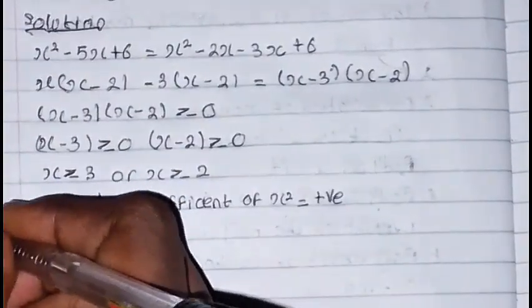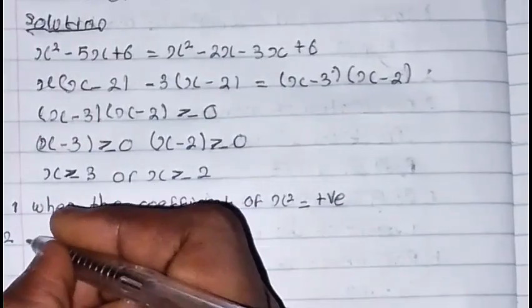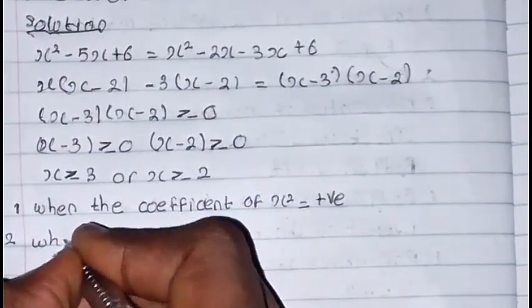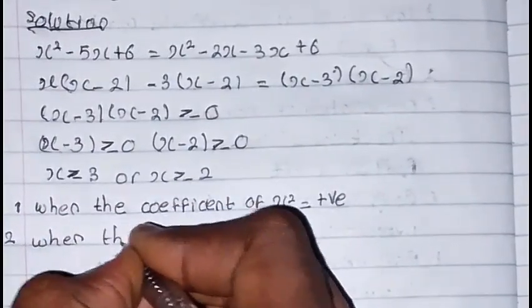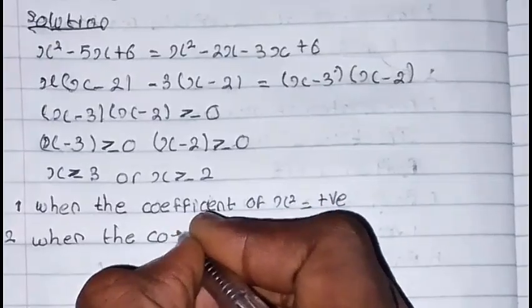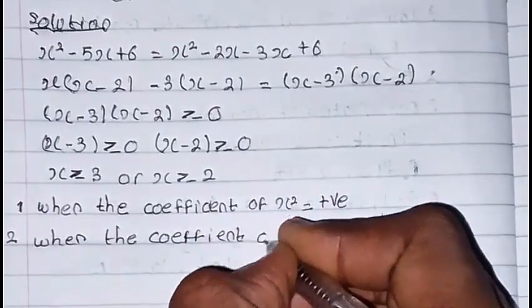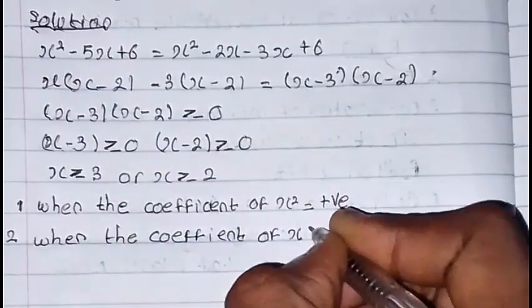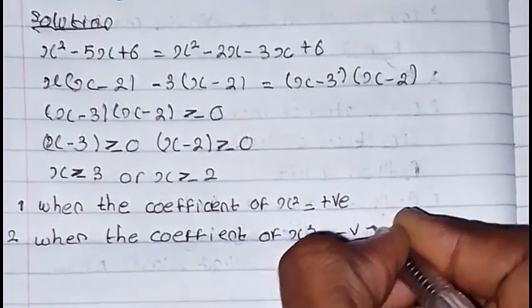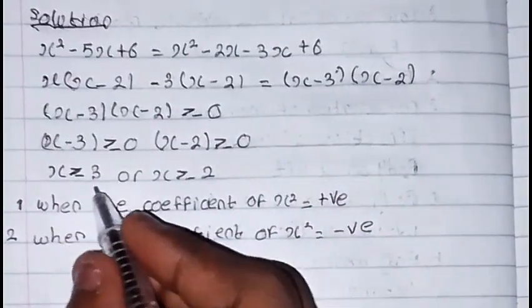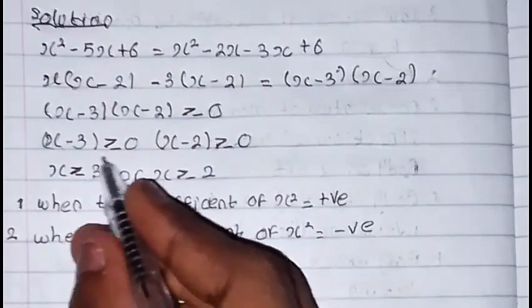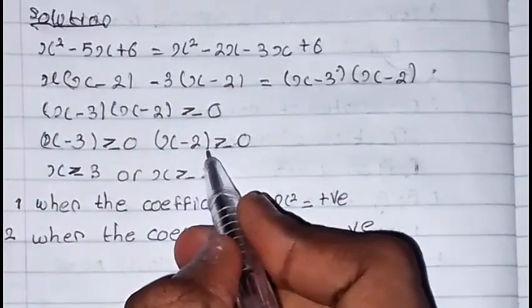And the second case, case 2, is when the coefficient of x squared is negative. For this question, we obtained our roots as x greater than or equal to 3 or x greater than or equal to 2.